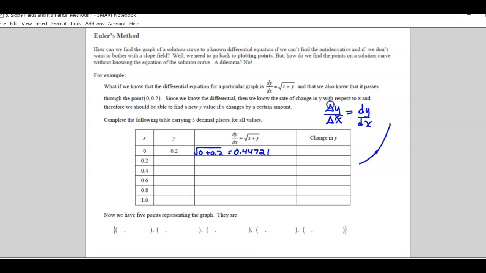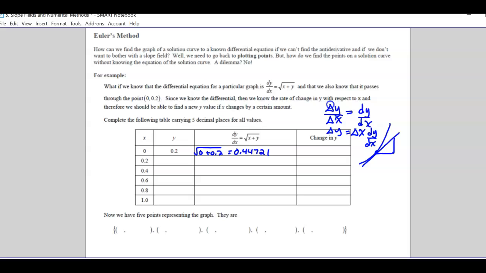You have your slope of your tangent at that point. We basically now want to use the slope to get an approximation for another point. Here it's quite far away, but maybe it'll be closer. So really, your change in y, if we solve this, is your change in x times the slope. Okay, we're just rearranging it.